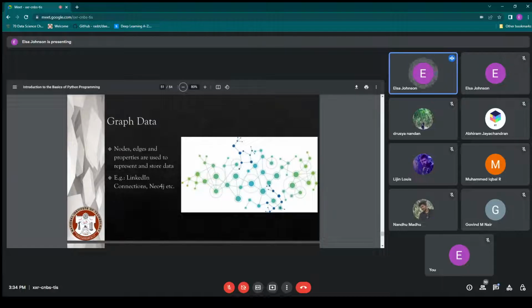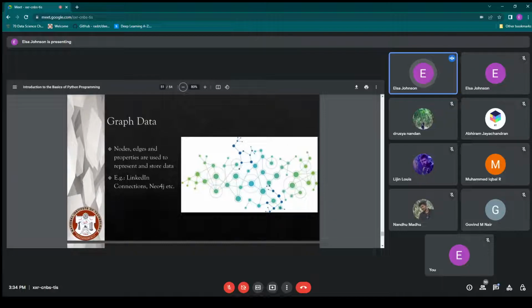Graph data means nodes, edges and properties are used to represent and store data. Examples are LinkedIn connections and Neo4j. In LinkedIn, you might have an account, and using graph data you can find out how you are connected with your other connections. For those who use LinkedIn, you can see how you are related to some other person.